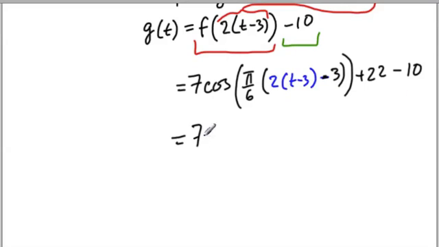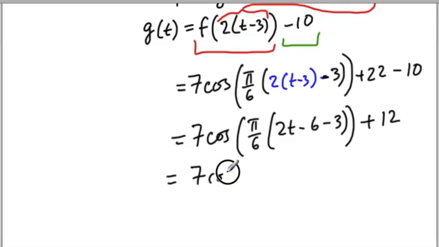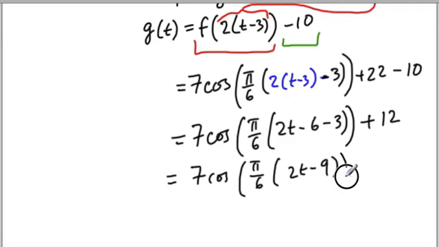So it's equal to 7 cos pi over 6, this is 2t minus 6 minus 3, plus, this is going to be 12. And this is going to be 7 cos, this is pi over 6, 2t minus 9, plus 12.